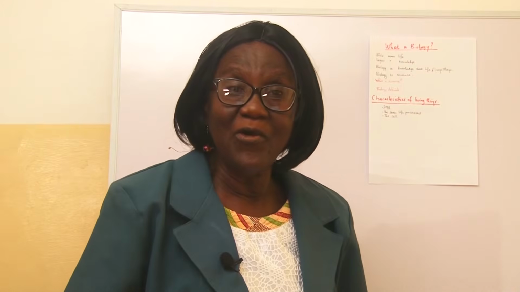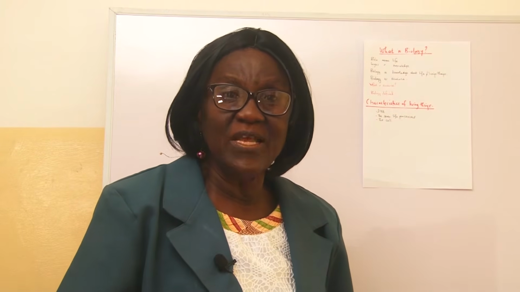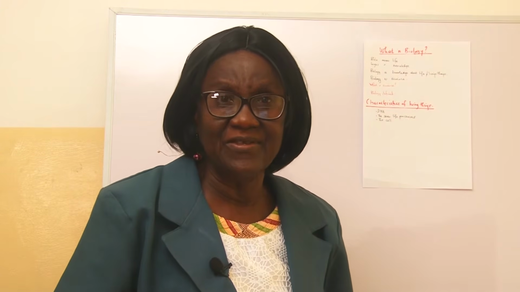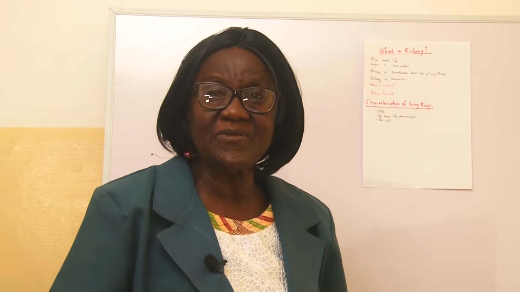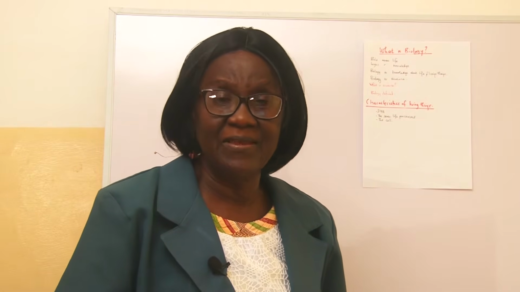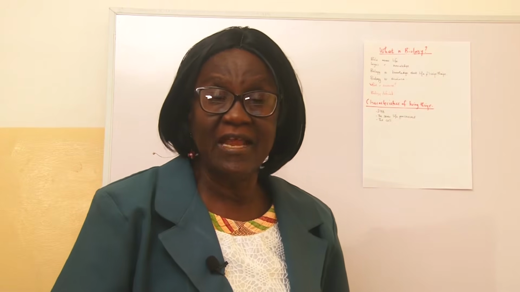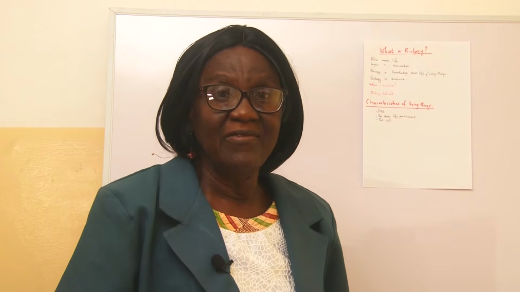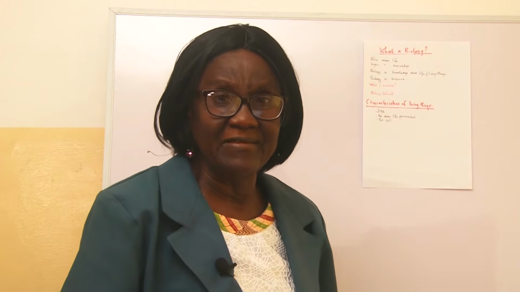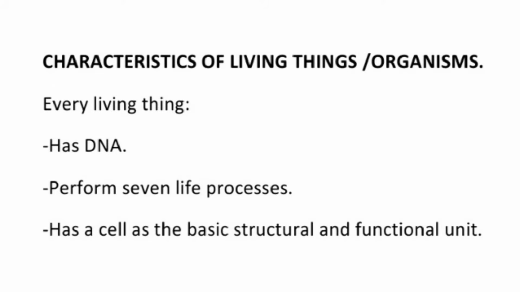Good. Now, having defined what biology is, now let's talk about characteristics. Biology is about living things, isn't it? So let's talk about characteristics of living things. If something is a living thing and not a non-living thing, then three main things should happen.